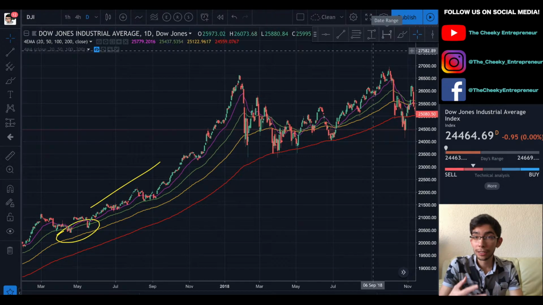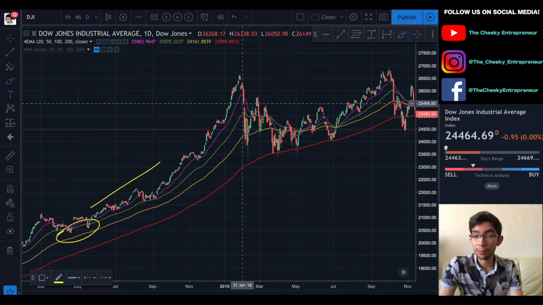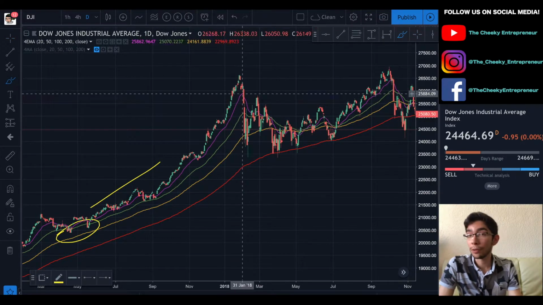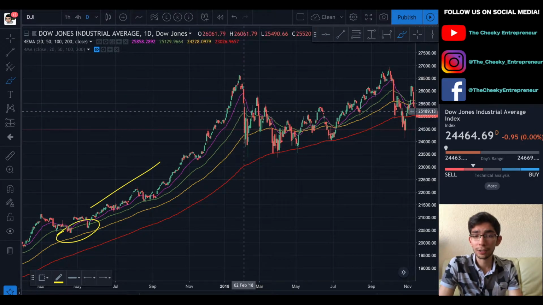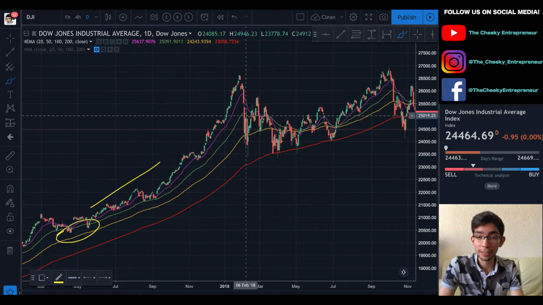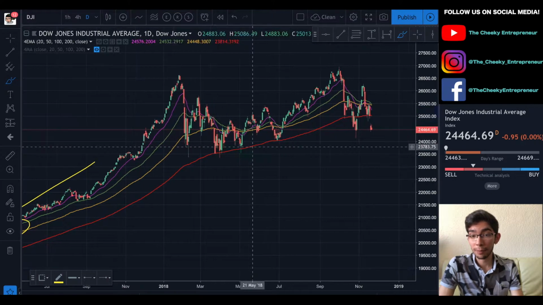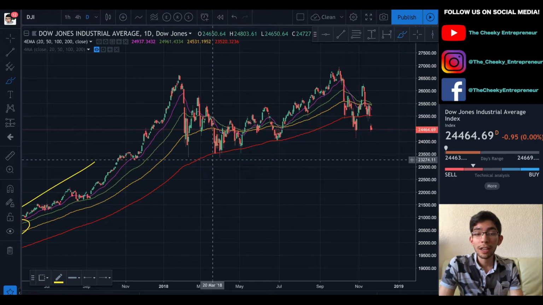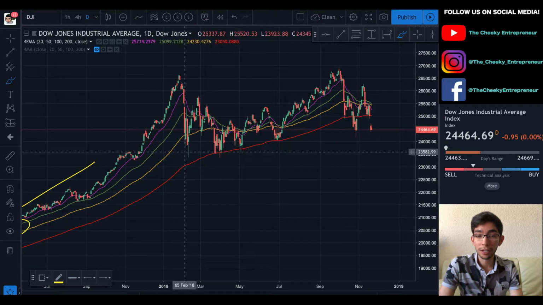So this really depends on what your strategy is, because if you are more of a scalper, you might want to use more the 20 moving average or the 50 moving average. For instance, if you're scalping, you might try to short the price here and try to get some movement, or maybe bounces from the 50 or the 20 EMA. But as I mentioned, the higher the time frame, the higher the moving average, the more support you are going to find.